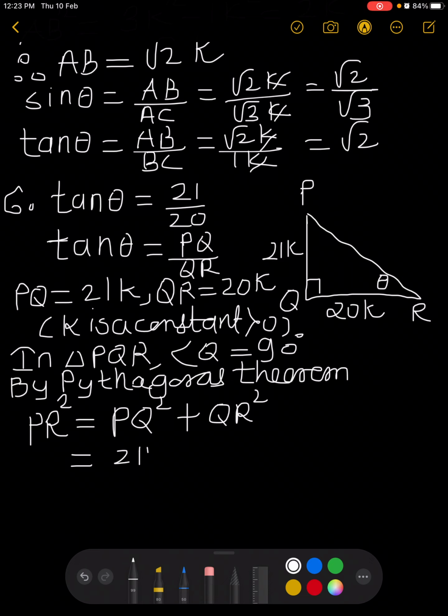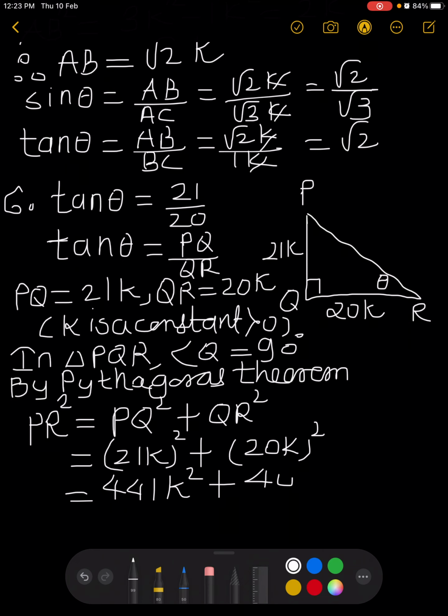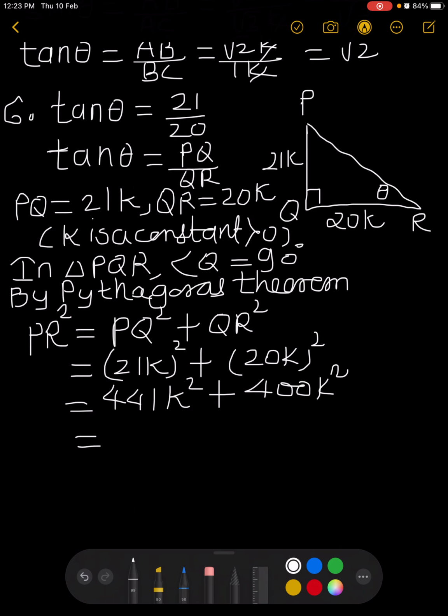PQ is 21K in brackets squared, QR is 20K in brackets squared. Square of 21 is 441 K square, square of 20 is 400 K square. The sum of these two is 841 K square.